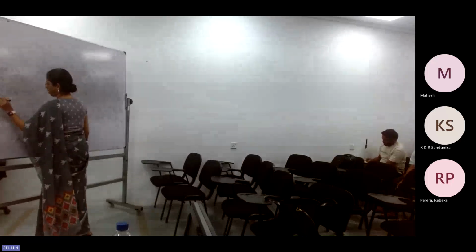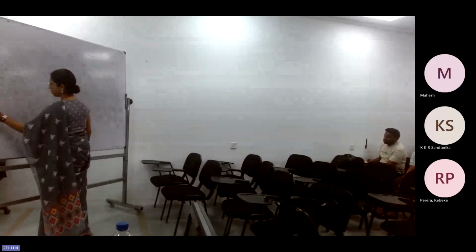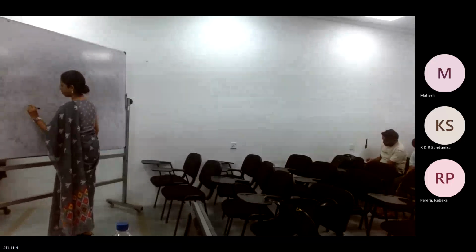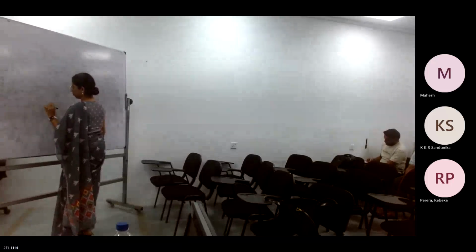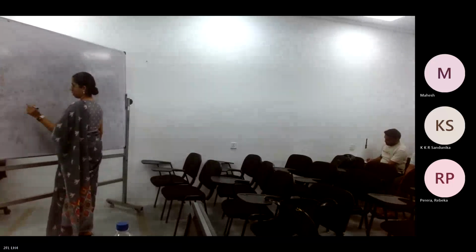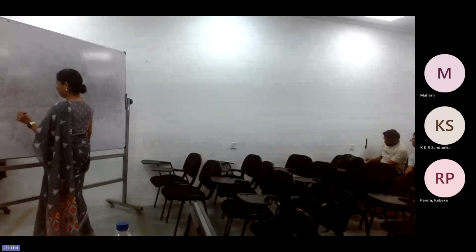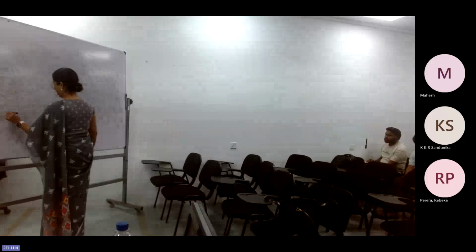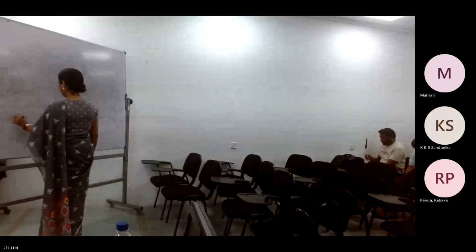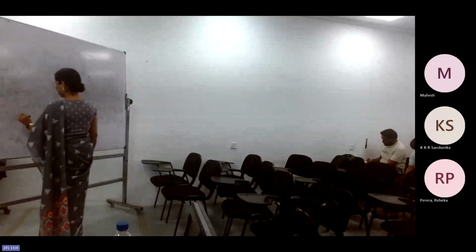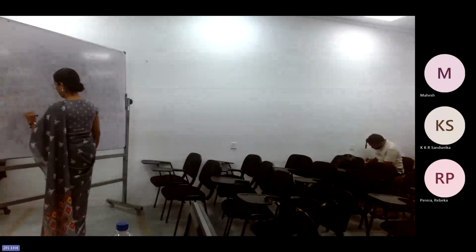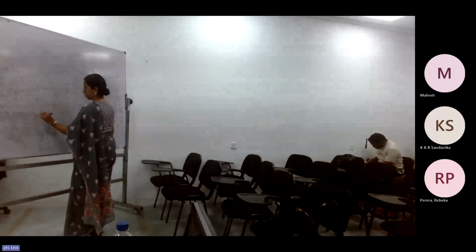Profit equals total revenue minus total cost, 50Q minus the total cost, so ultimately you will get something like minus Q squared plus 40Q minus 100.